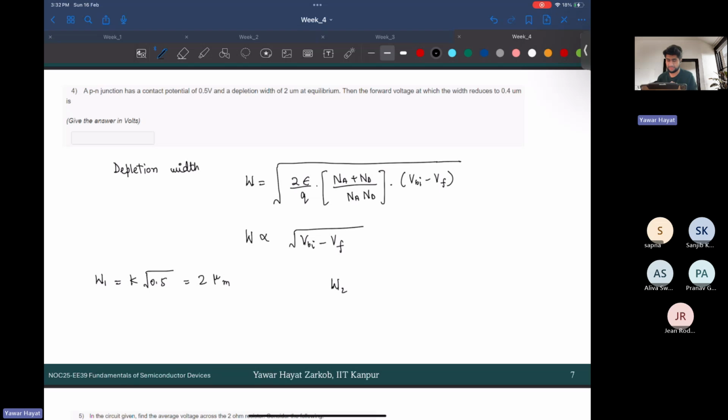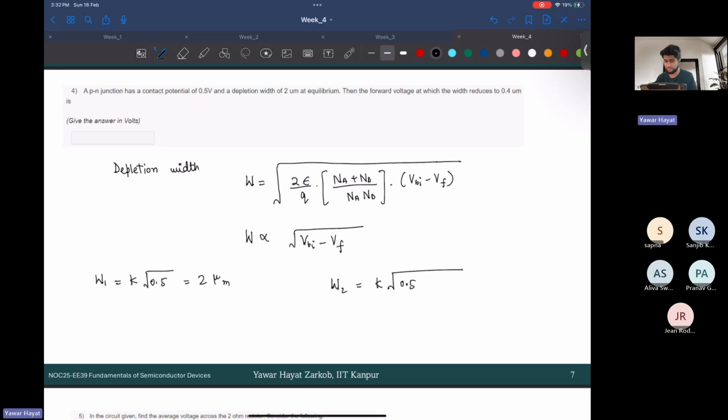Now what about the second case? Our second case is a depletion width under a forward voltage that is unknown. We don't know what the forward voltage is, but we do know how much this width reduces to. Your W2 is K square root of your VBI, which would be the same. That won't change. Contact potential won't be changing.